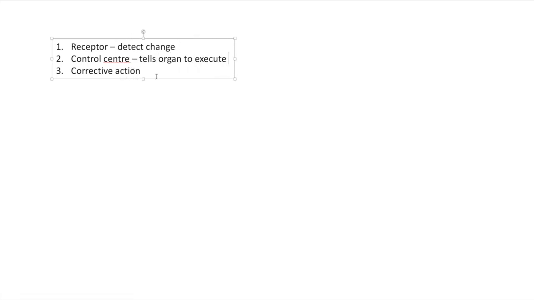So for homeostasis, there will be a certain loop of actions where certain key players participate in this series of events. Of course, there will be a stimulus, and a receptor must be there to detect the change. Then it will tell the organ or the gland to execute the corrective mechanism to reverse the effect of the stimulus until the original set point is reached.